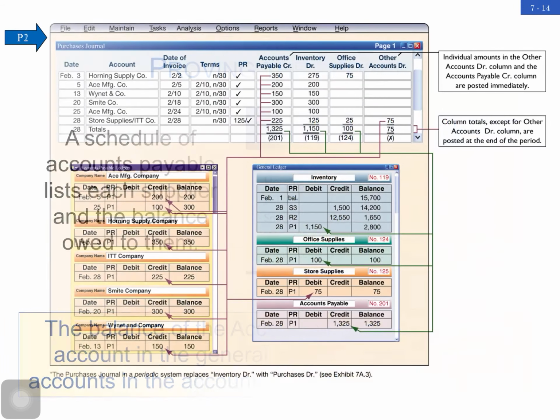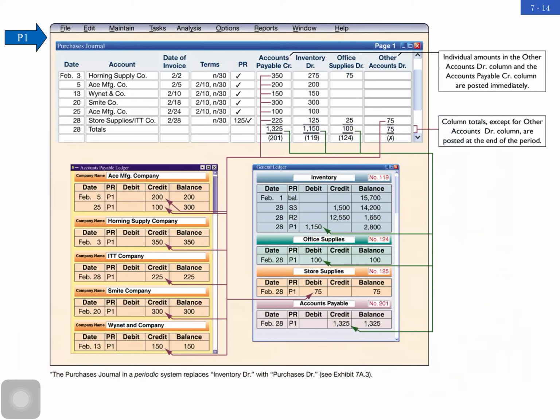In the purchase journal, you need to have the account here, from where you buy that thing. For example, you buy inventories, the supplier, you write here. Then the date of invoice, and then the terms, which you already learned about, and this is just a reference.